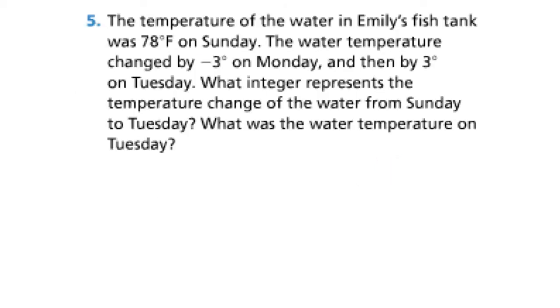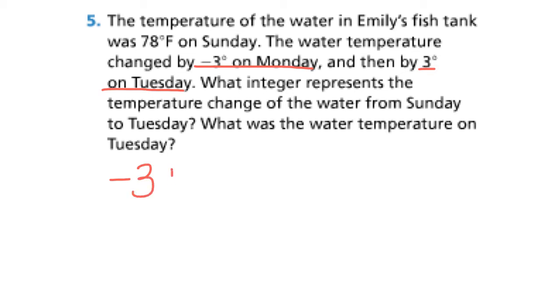Number 5. The temperature of the water in Emily's fish tank was 78 degrees Fahrenheit on Sunday. The water temperature changed by negative 3 degrees on Monday and then by 3 degrees on Tuesday. What integer represents the temperature change of the water from Sunday to Tuesday? Well, let's look at how it changed. We have a negative 3 on Monday and a 3 on Tuesday.